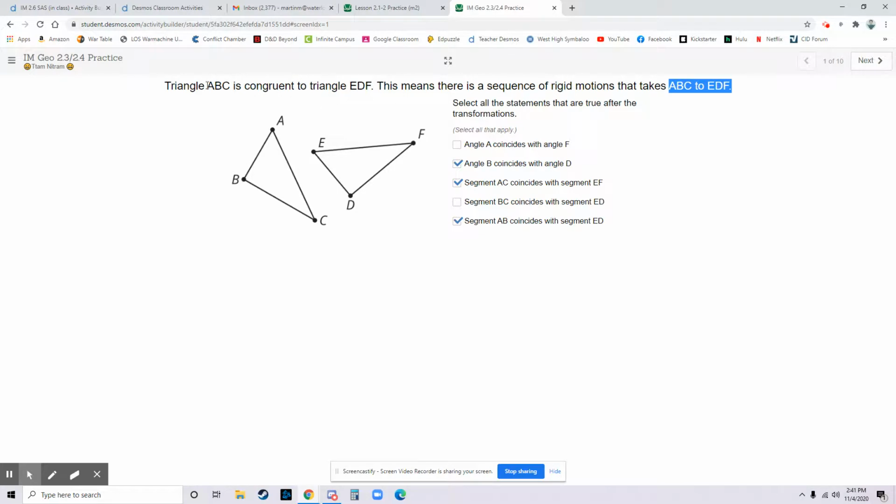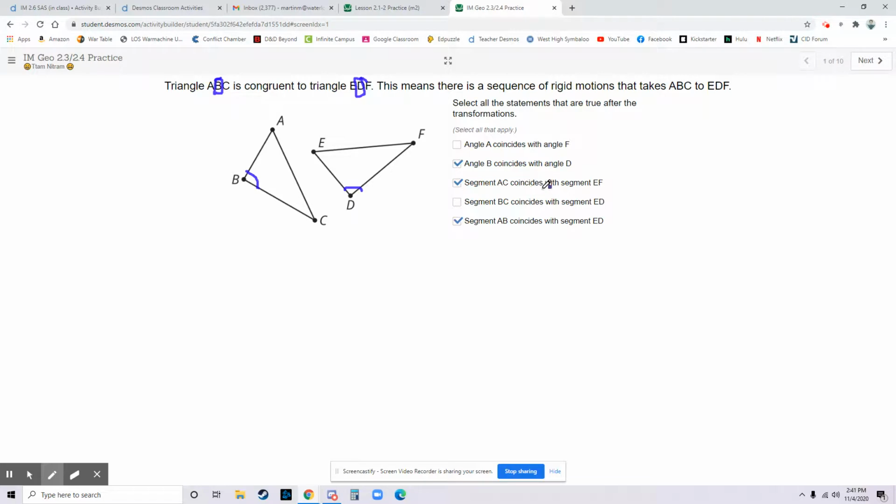No. Because angle A should match up with angle E. So yeah, the first one doesn't count, but the second one's okay. Angle B and angle D should match up. Yeah, you can see that in these pictures. They both kind of look like 90-degree angles even, but they're also in the same order here. Second letter here means those angles should coincide, should be corresponding.